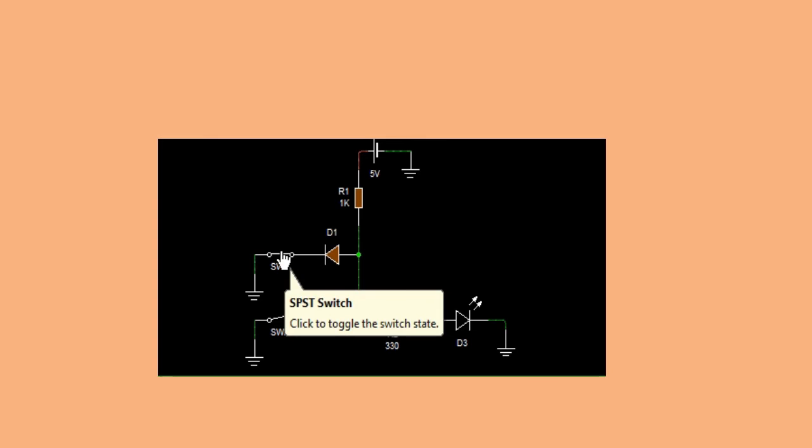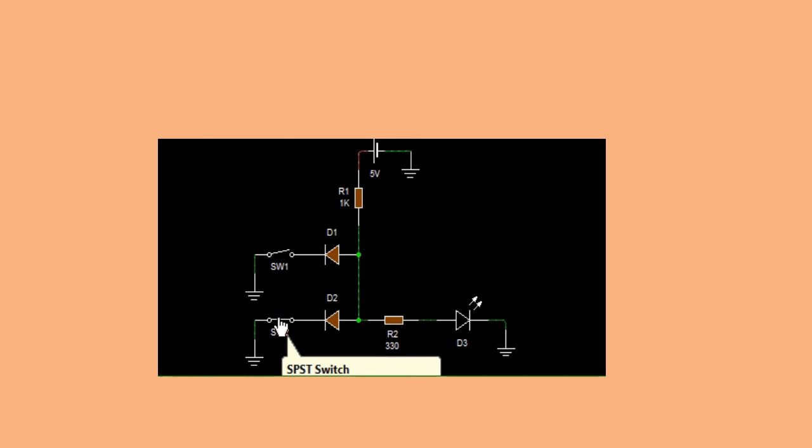Third condition. When switch 1 is in logic high state and switch 2 is in logic low state. Now we see the current flow direction through the circuit.